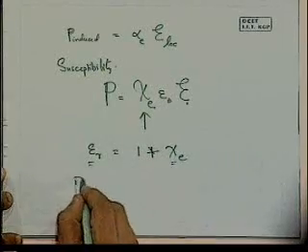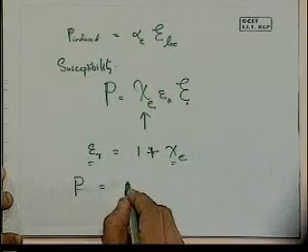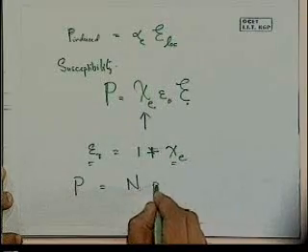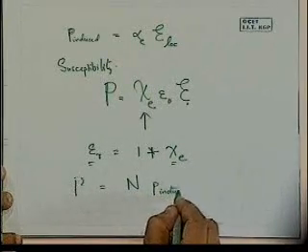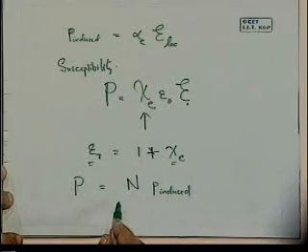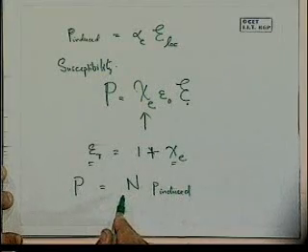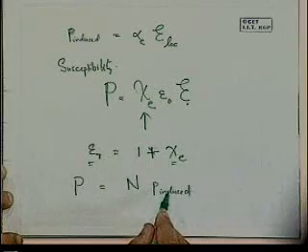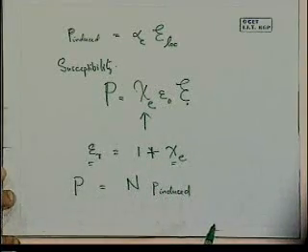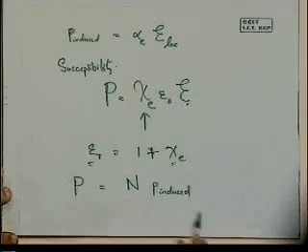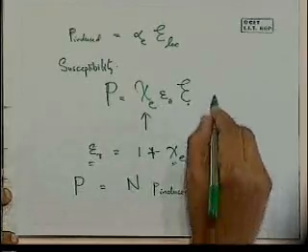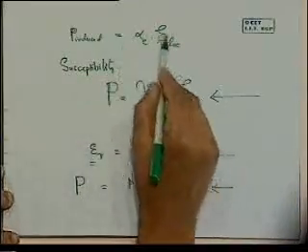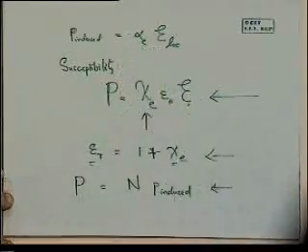We also know that polarization is equal to N times P induced, N being the number of molecules per unit volume, and these are the induced dipole moments. So when we multiply, we get polarization. This is also known to us. All we have done is made a change in the value of the dipole moment there.